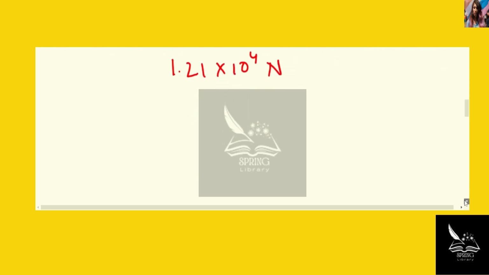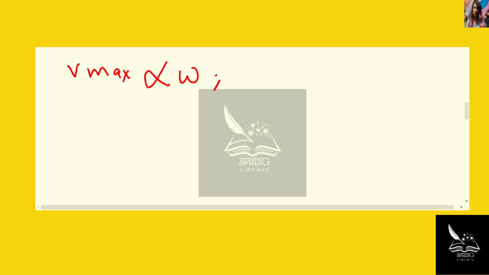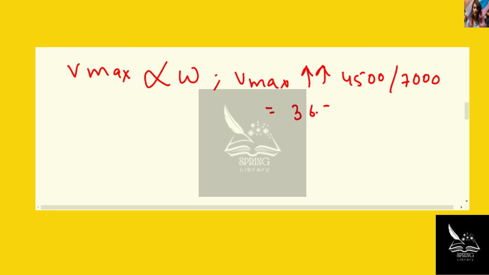Now we also know that V max is proportional to omega. If V max is proportional to omega, then V max increases by a factor of 7000 upon 4500, that is 36.7 meter per second.